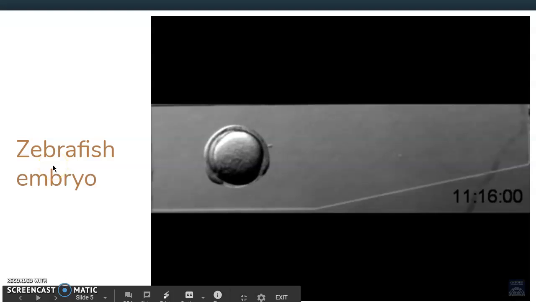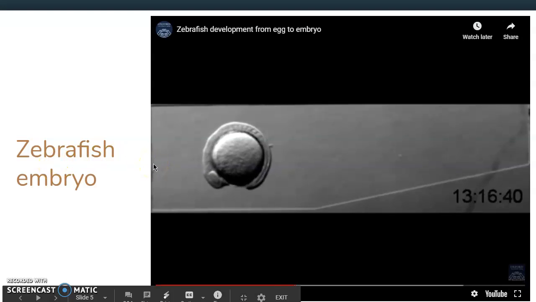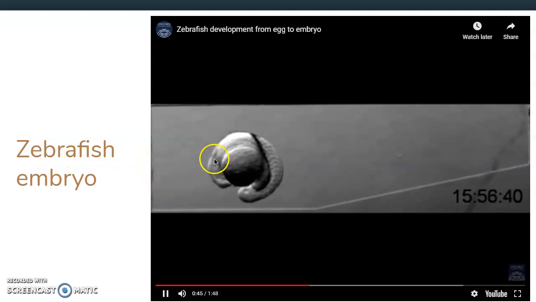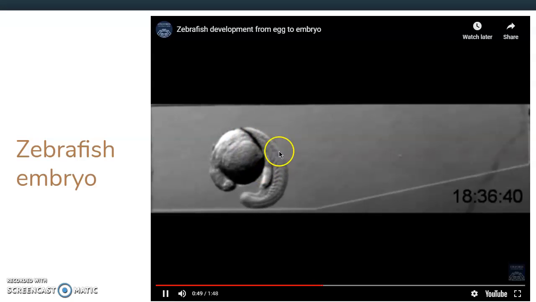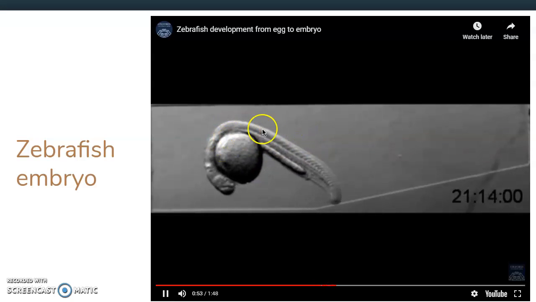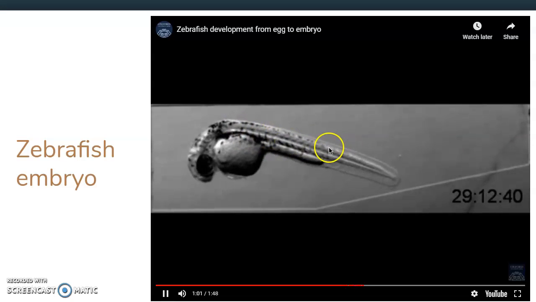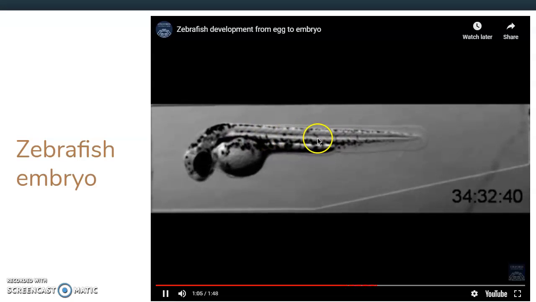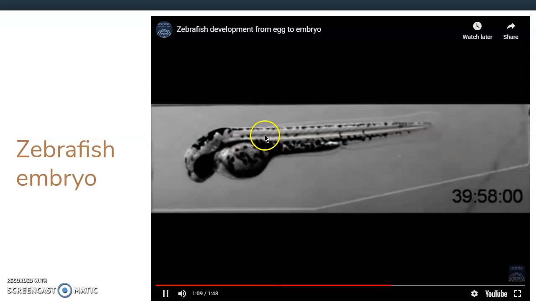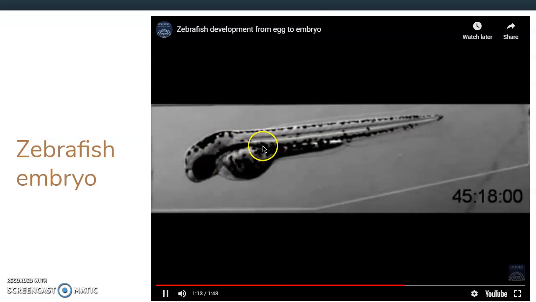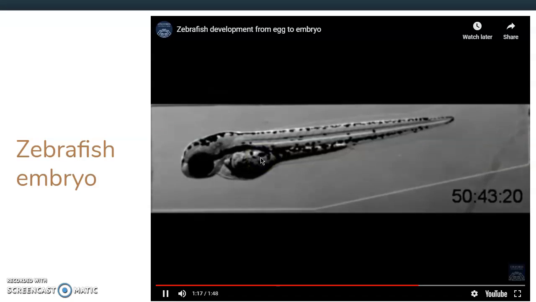Very different than humans, but a zebrafish. We're starting to form that very first fetal looking thing. We're starting to get into our second phase of having more of a tail and spine until we get to this long fish looking embryo.